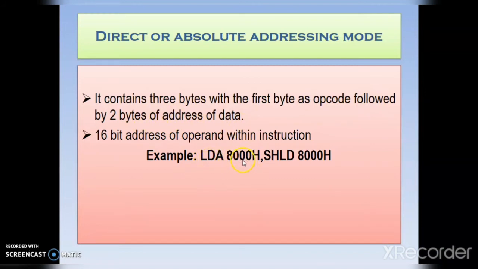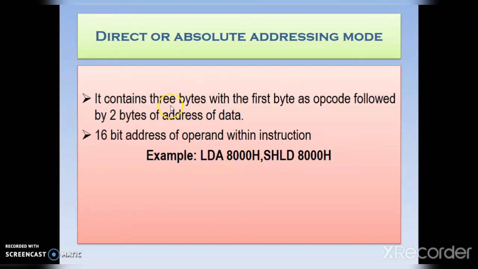LDA 8000H. So this is the example. So in this example, here 8000H represents 16-bit address. For LDA 16-bit address, we have specific opcode.